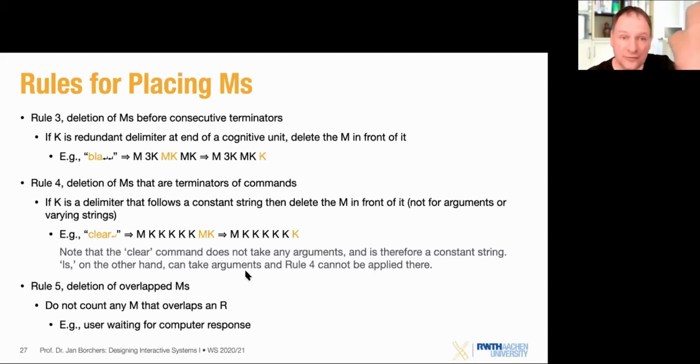Of course, if I need to wait for the system to complete and then react and mentally prepare for my next action, then I can't remove that. It's only if it really overlaps an R sequence. Basically, this is suggesting while you're waiting for the system to complete and come back to you, you're already mentally preparing your next step. All right, this is a bit abstract, I know.